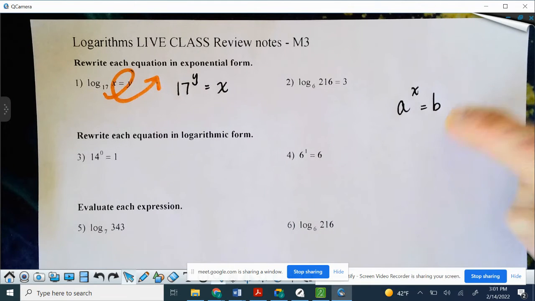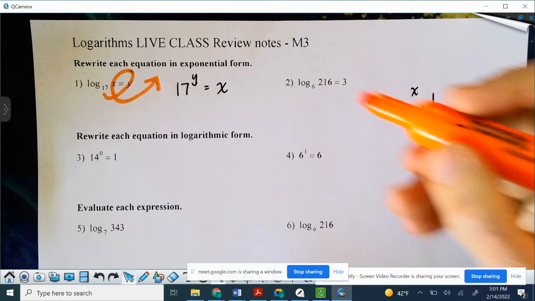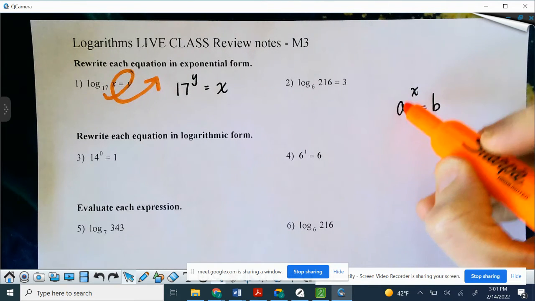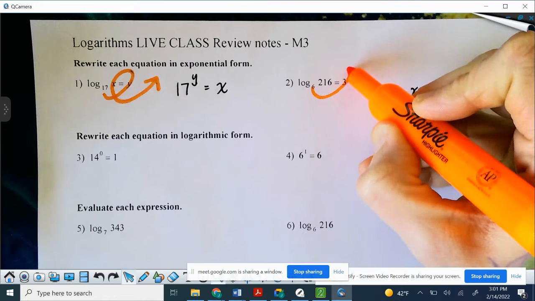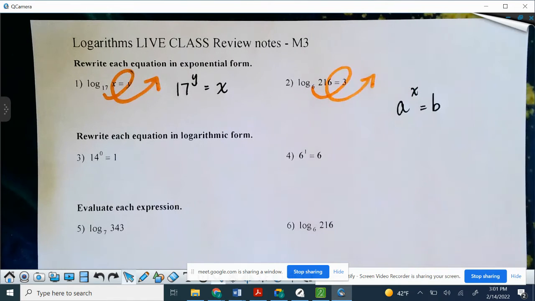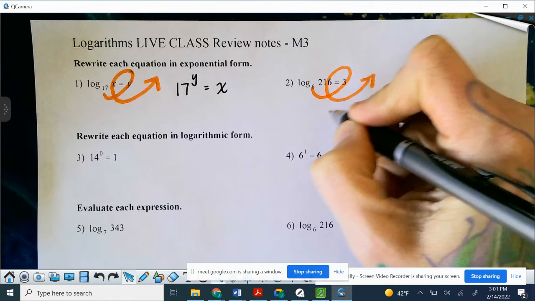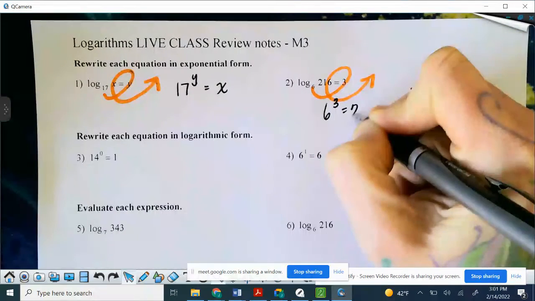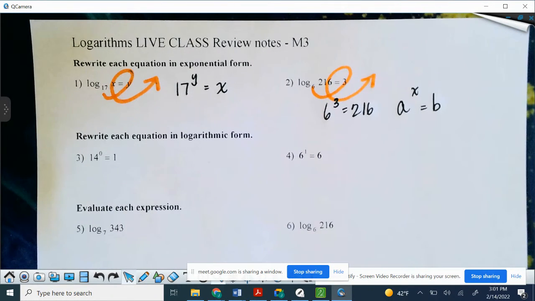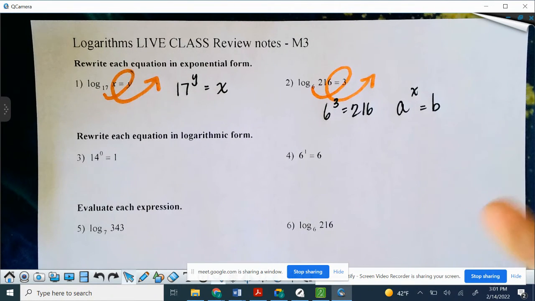As I say it, the basement sounds really not mathy and definitely not Math 3 level communication, but in my mind it makes sense because the basement stays in the base. So take your base, grab your exponent, and come out with your output. So 6 to the third power equals 216 is an exponential form versus logarithmic form.